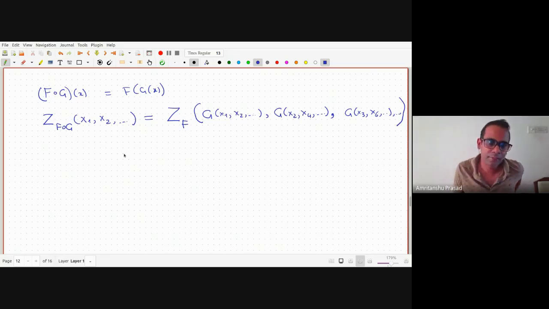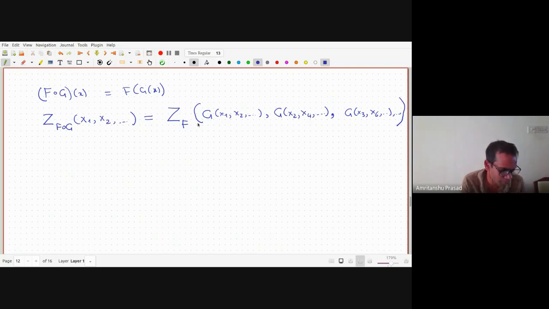This is some sort of operation on these kinds of formal generating functions. I think this operation definitely makes sense if G has no degree 0 term.